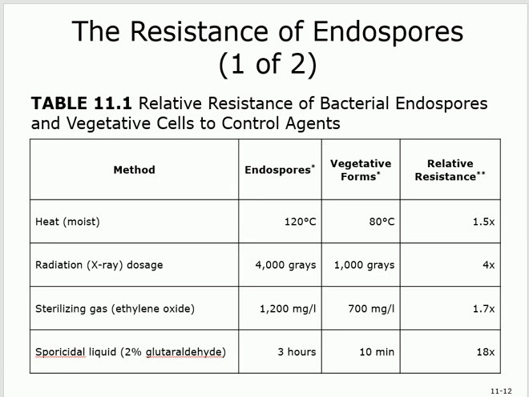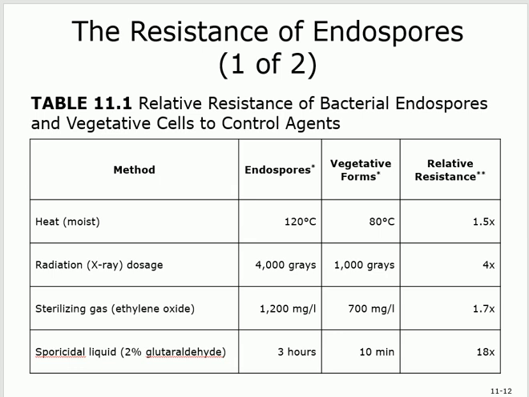These numbers. If you are talking about heat, when you heat something, like we boil milk, we boil stuff in our house, right? When you go to 80, even 90 or 100, what you're killing is a vegetative form only.